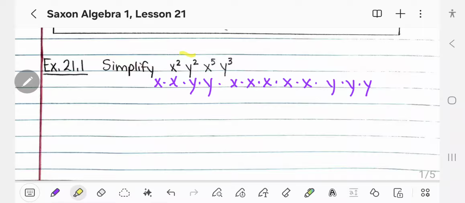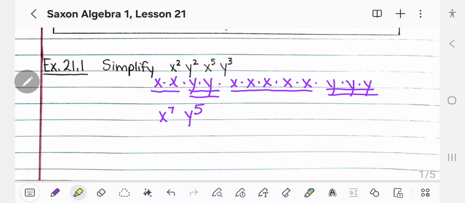You see how I did that? I had 2 of them, I had 2 of them, I had 5 of them, and I had 3 of them. Okay, you're not going to want to write those out the long way, but you could. How many do I have total? I have 1, 2, 3, 4, 5, 6, 7. So that's going to be x to the 7th. And then here I have 2 plus those 3, which is 5.